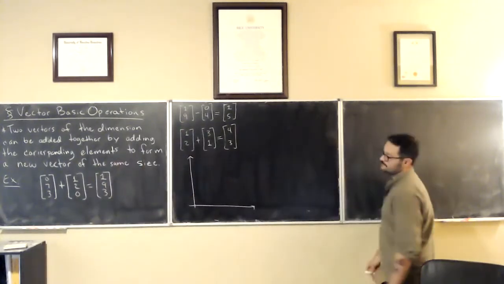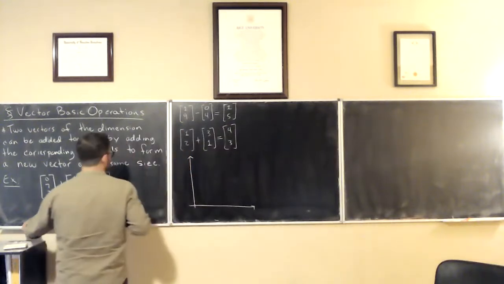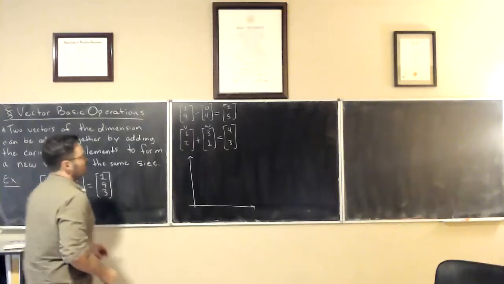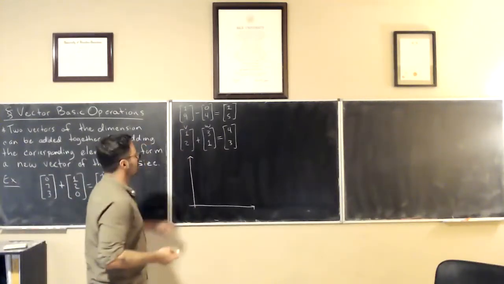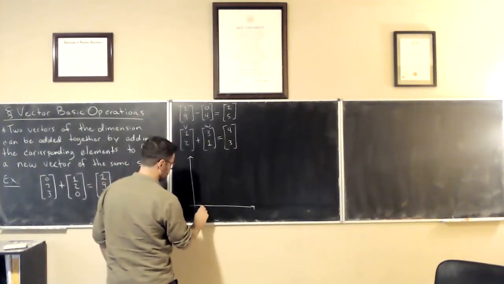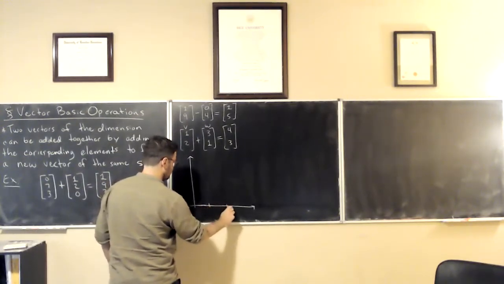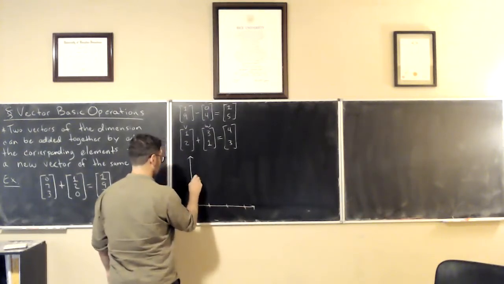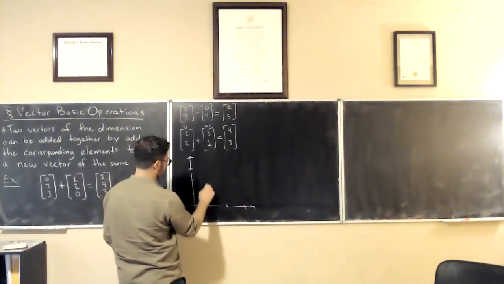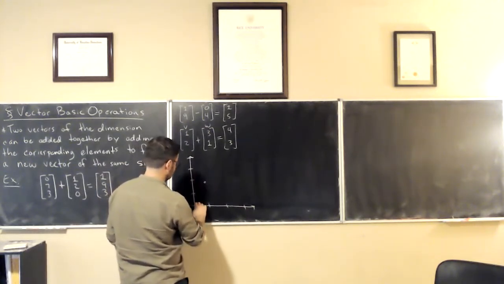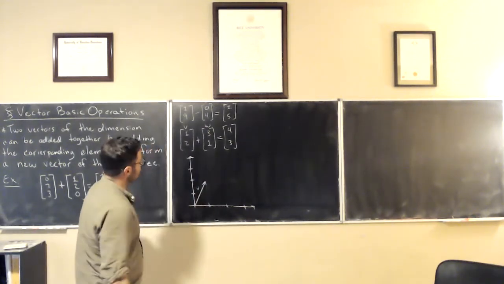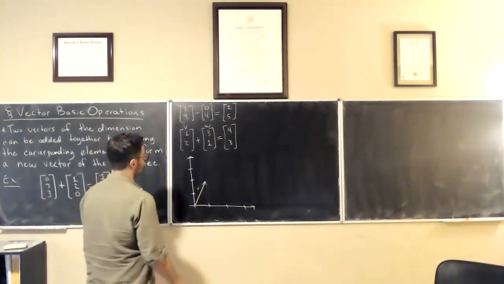So if we draw each vector, we'll call them V and W. V can be represented by the ordered pair 1, 2. Actually, I'll make these a little bit bigger. So V goes over 1, up 2. This would be V. And then W is 3, 1.